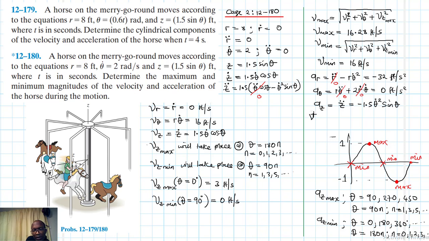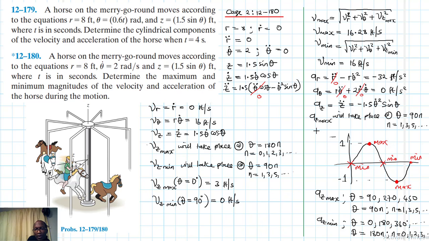So let's write down this. So we have Vmax, not Vmax. Again, we are looking at absolute values. We have AZ max, which will take place at theta equal to 90n, where n is equal to 1, 3, 5, in that manner.